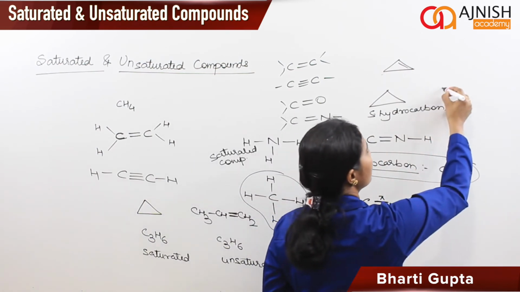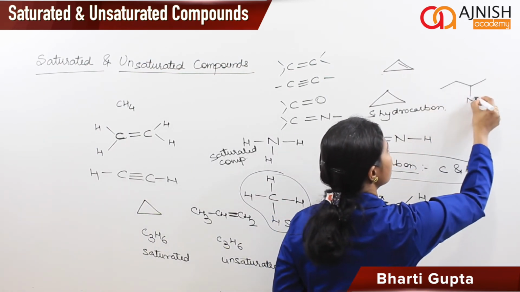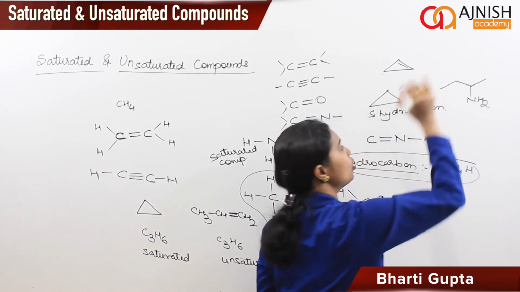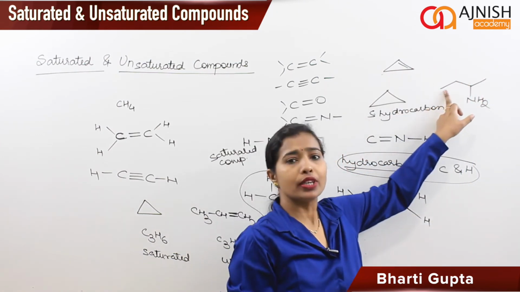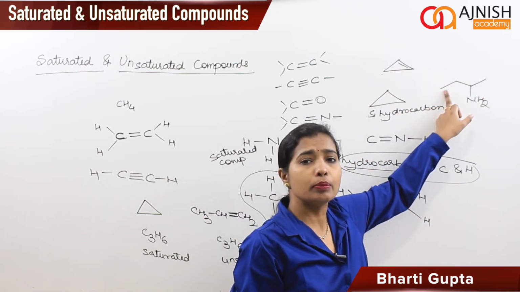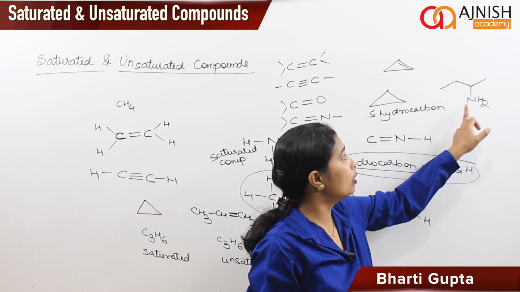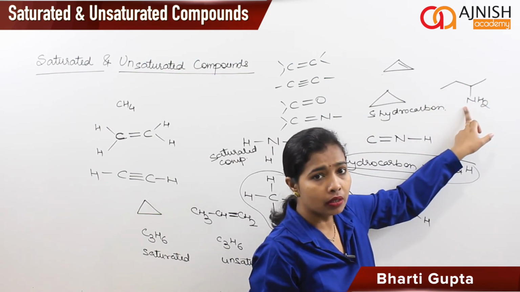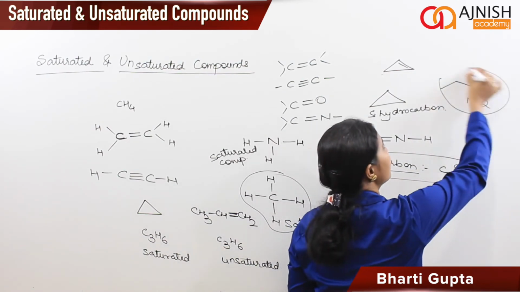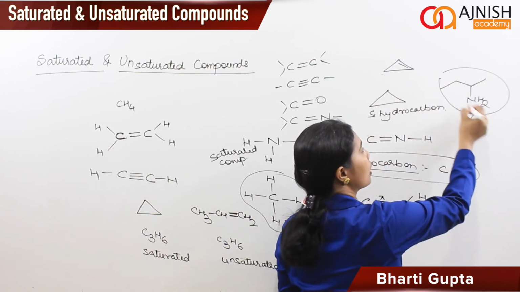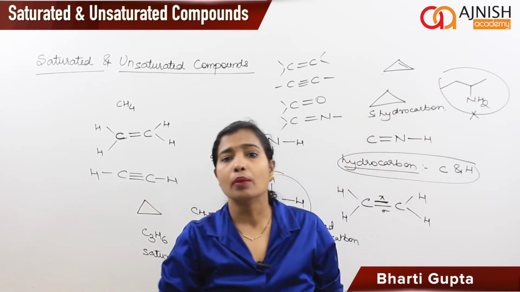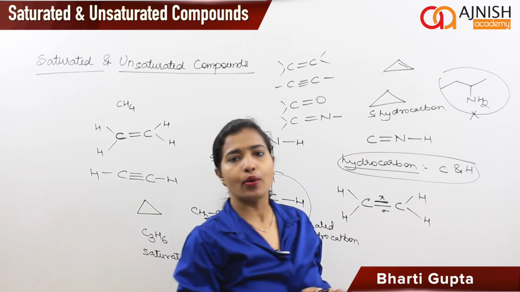Now suppose we are having a compound like this. This compound is saturated because it does not have any double or triple bond, it does not have any pi bond, but it is not a hydrocarbon. So we can't include this in the category of saturated hydrocarbon. It is a saturated compound, but it is not a saturated hydrocarbon.